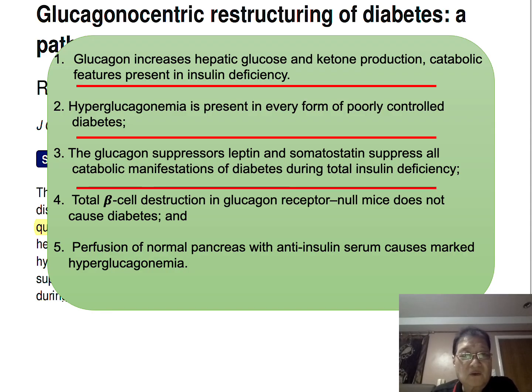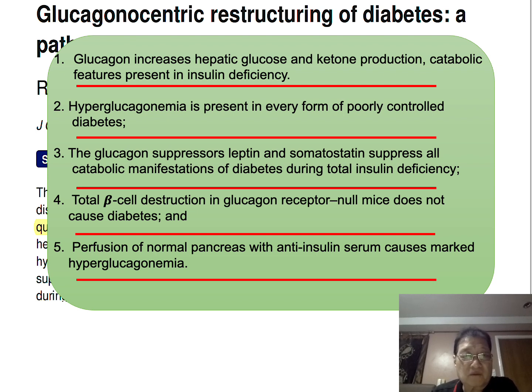Number three, glucagon suppressors like leptin and somatostatin suppress all the catabolic manifestations of diabetes during total insulin deficiency. Number four, total beta cell destruction in glucagon receptor knockout mice does not cause diabetes. And number five, perfusion of a normal pancreas with anti-insulin serum causes marked hyperglycemia. So my task is to share with you the original work of Unger and colleagues based on these premises or evidences.